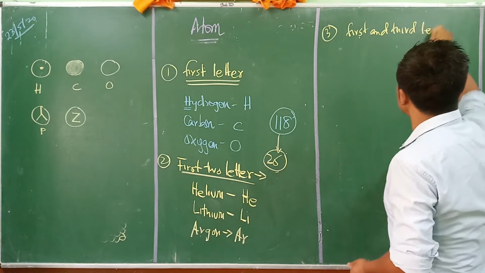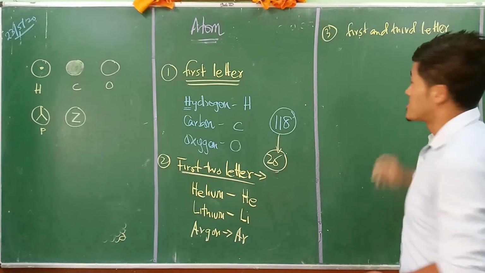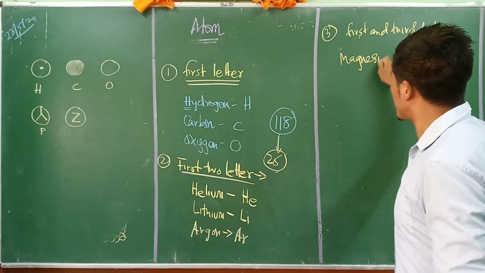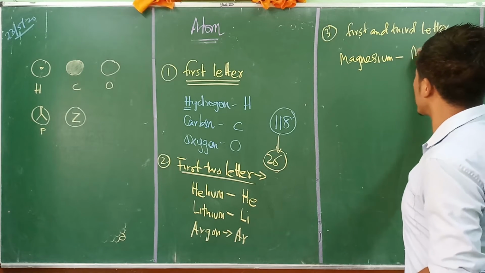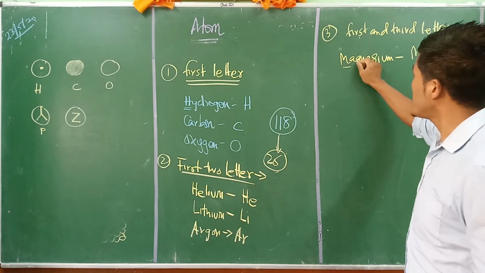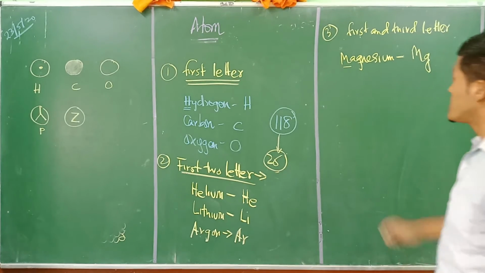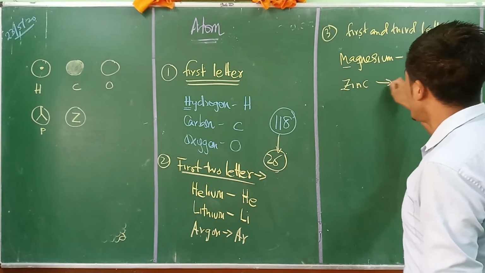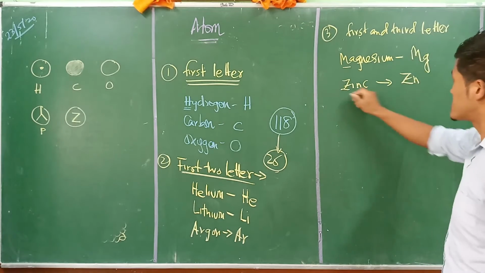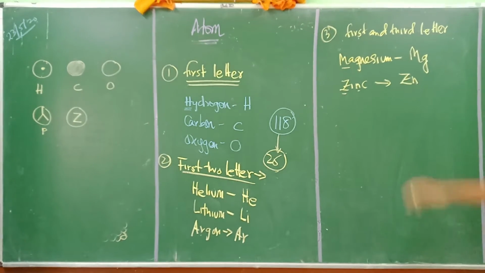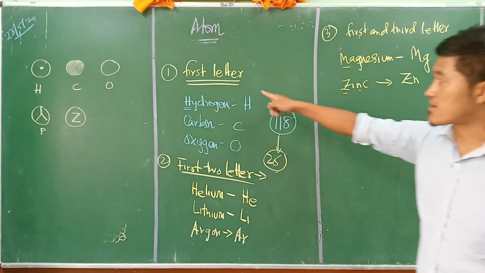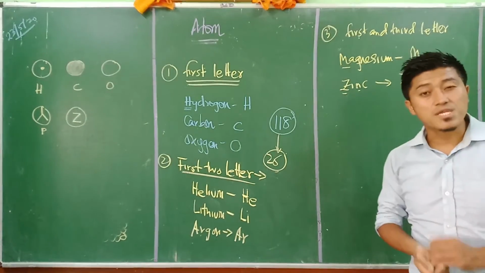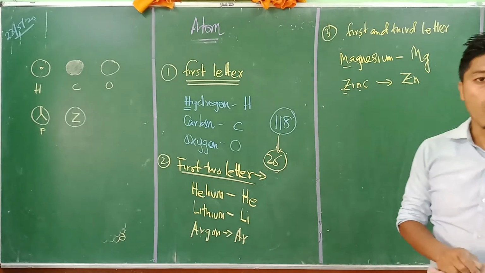For example, in the case of magnesium, we go for Mg, that is the first and third letter. In the case of zinc, we go for Zn. There are many other examples. The first letter, first two letters, and first and third letters are all used in the periodic table in naming the symbols.